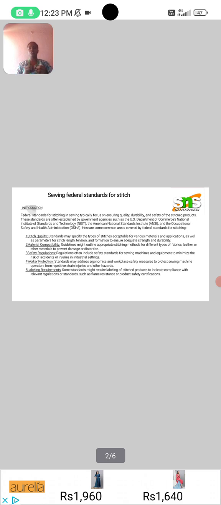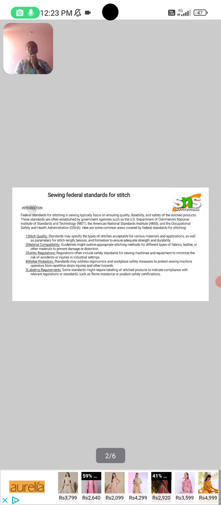These standards are often established by government agencies such as the US Department of Commerce, National Institute of Standards and Technology. It's called NIST. NIST is the National Institute of Standards and Technology.